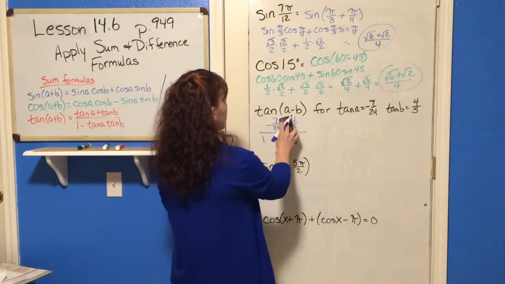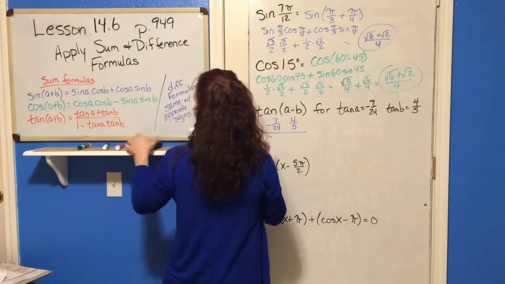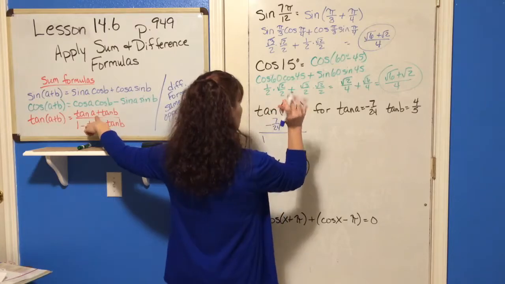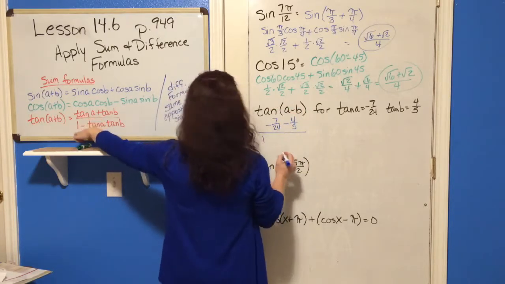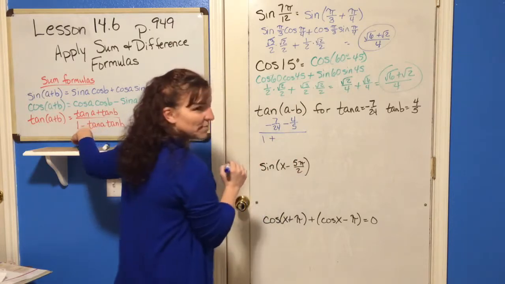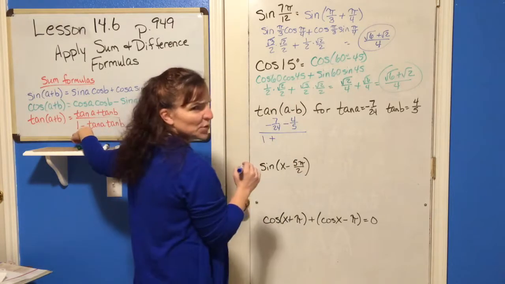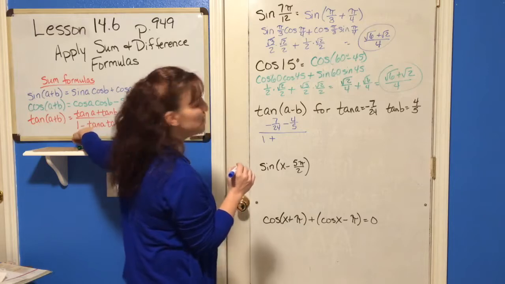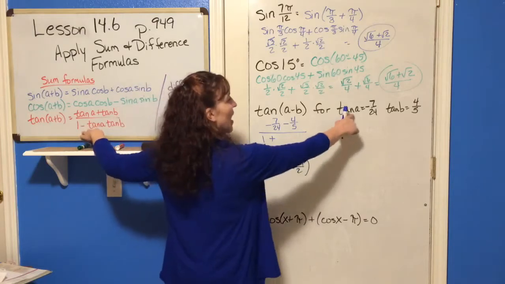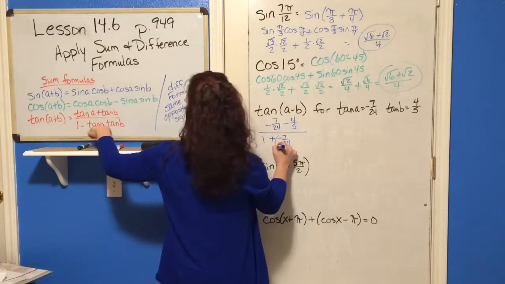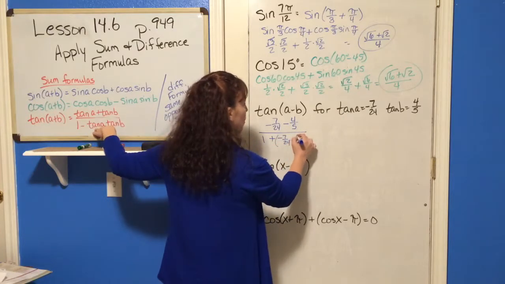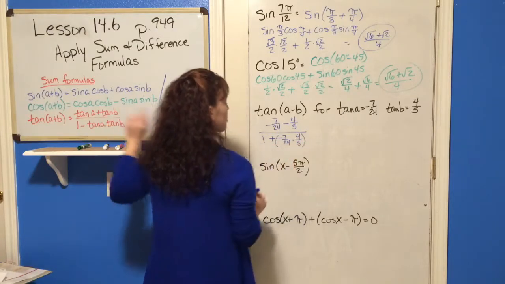This is subtraction, and so this needs to be the opposite sign. And you're saying, whoa, you said this is the difference formula, so this needs to be minus, and this one is going to be plus. All right? So that's the only trick with not writing it down twice. Tangent of A is negative 7/24, and tangent of B is 4/5, and you're multiplying those.